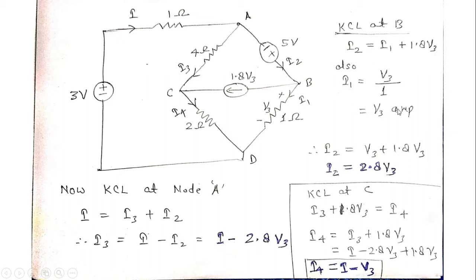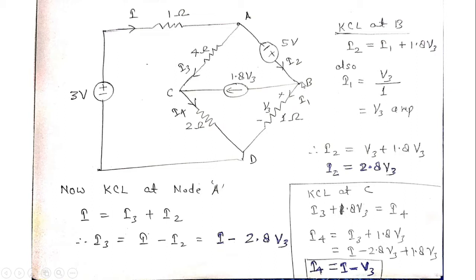Before that we have to find the current I1. This current I1 is the voltage across this resistance divided by the resistance value. Simple Ohm's law: V is equal to IR, so I is equal to V upon R. V3 divided by 1 ohm is V3 ampere. So I1 is equal to V3 ampere.